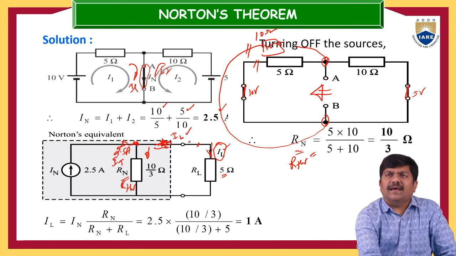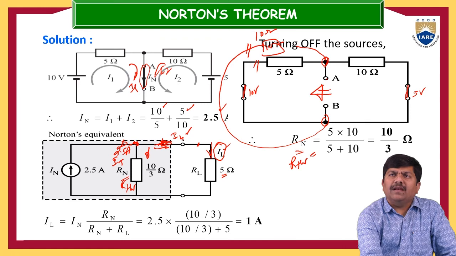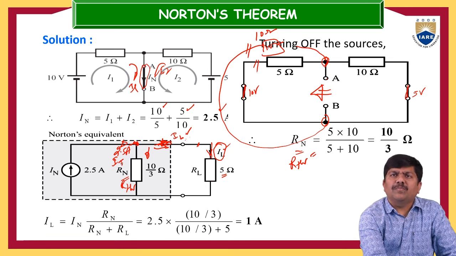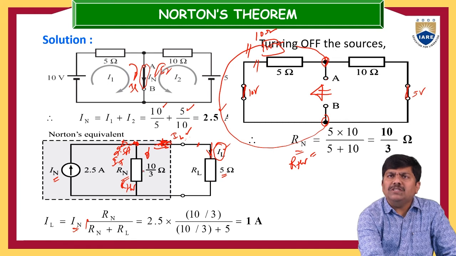Now what is the formula to calculate this current? The total current this junction is taking is 2.5, or you can represent it as IT. So IL is equal to IN into the opposite side resistance, which is RN, divided by the sum of the resistances in the two parallel paths, RN plus RL.